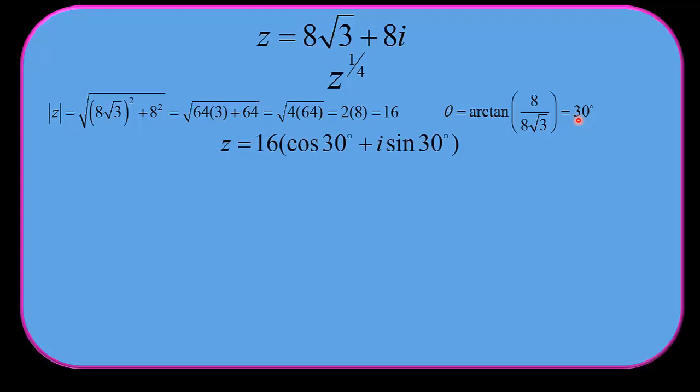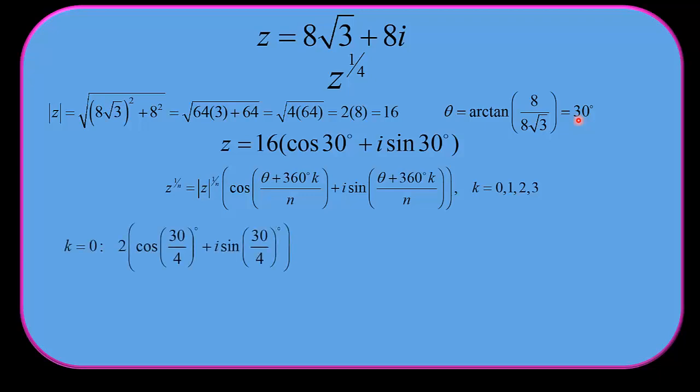And what we want to do now is generate our 4 distinct roots. So we're going to use this formula right here. So in place of the modulus being 16, we take the fourth root of 16 and we get 2. See? Fourth root of 16 is 2.